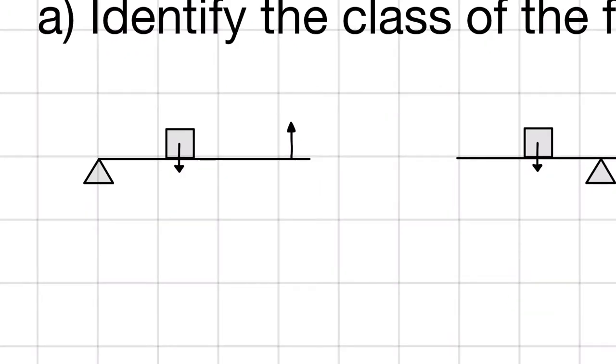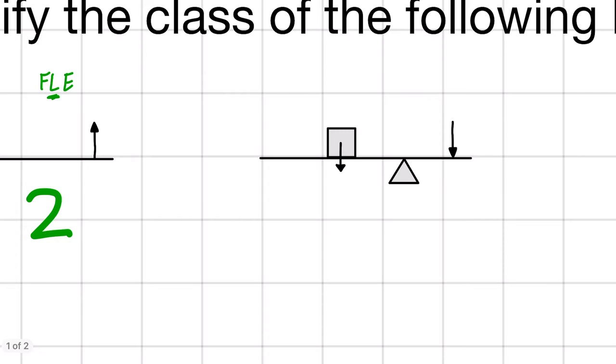So the first one here, in the center is the load. So that tells us, according to the FLEE acronym, if the load is in the middle, it's going to be a second class lever.